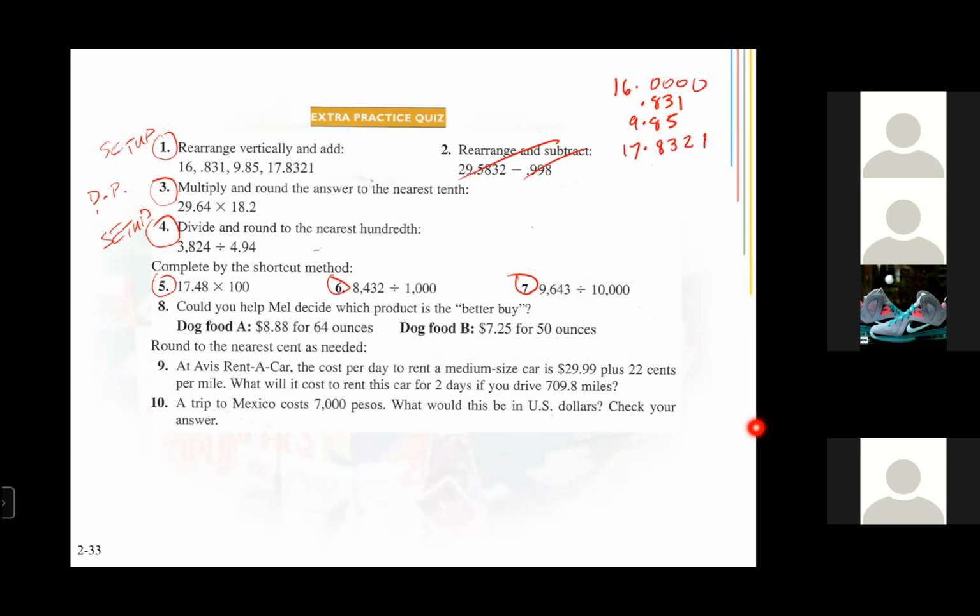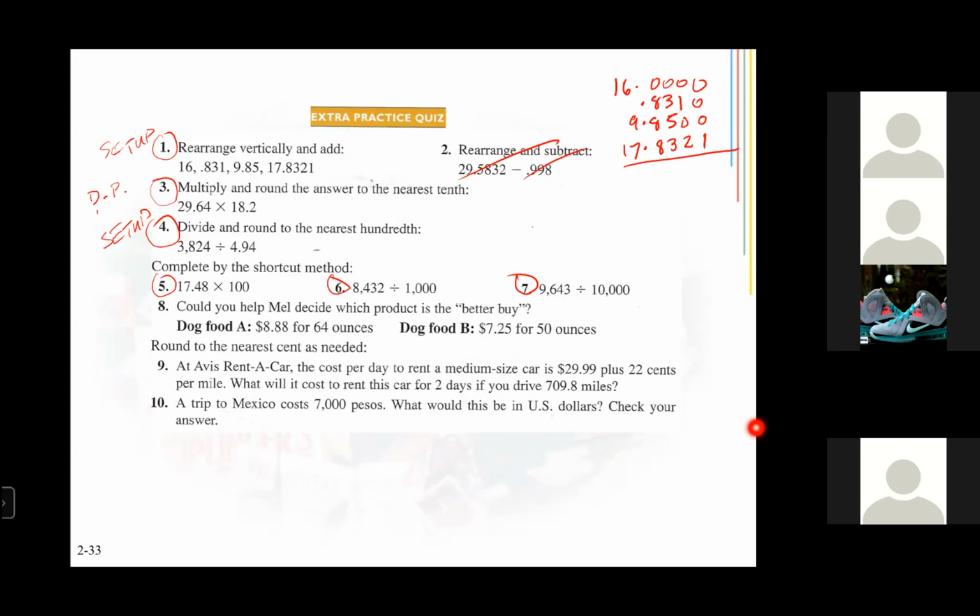Okay, so if you wanted, you could have put 2 zeros here, and 1 zero here. And then you go ahead on the line and you add. You make sure to line up all the similar places together, and the decimal points must be in line.